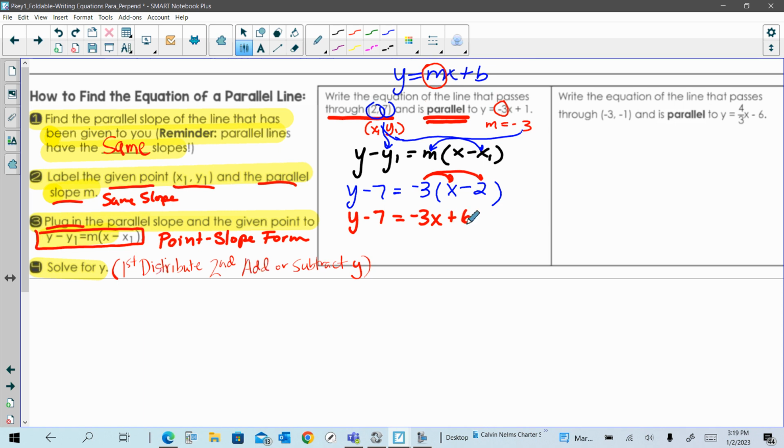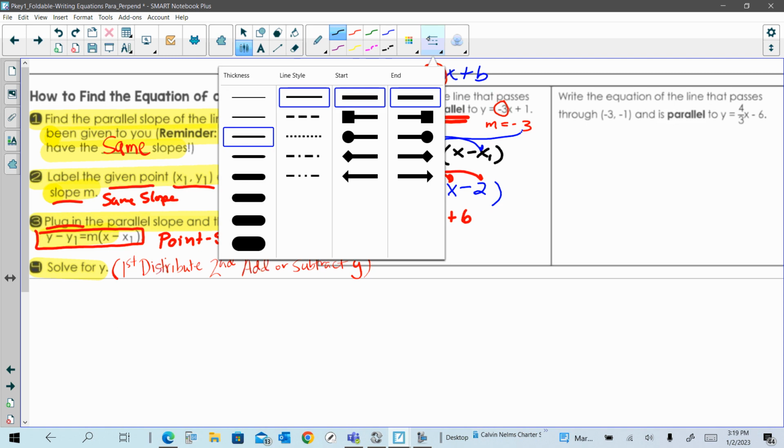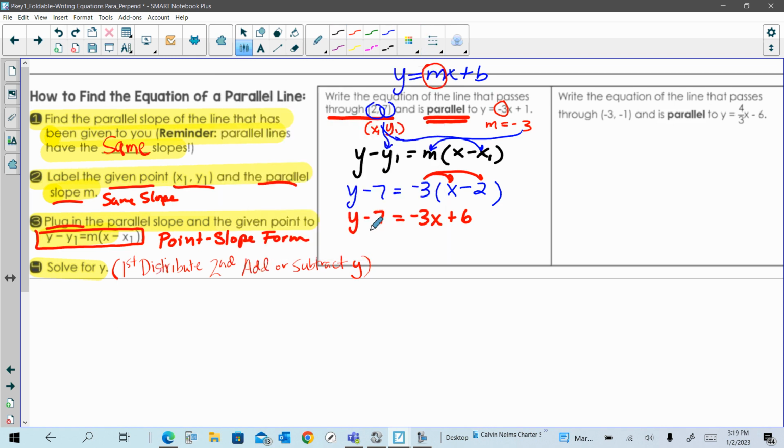Then now we're going to add or subtract to solve for y. Because this y has minus 7, you do the opposite. So now it means plus 7 on both sides. That will cancel, leaving us the equation y equals negative 3x plus 13. And that is our equation for the line parallel to the equation that was given, y equals negative 3x plus 1, through the point.